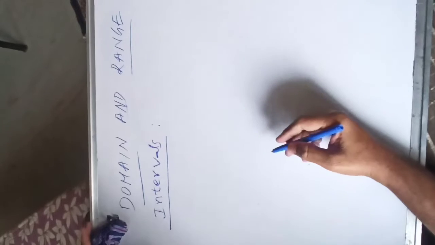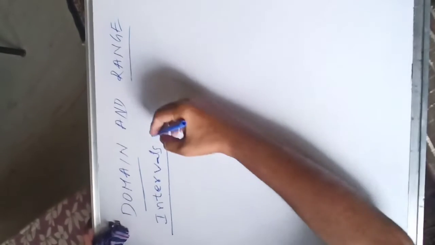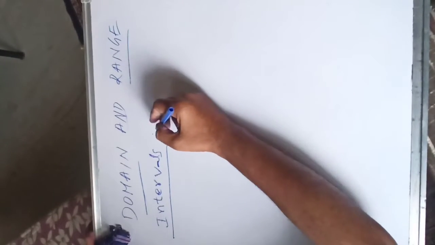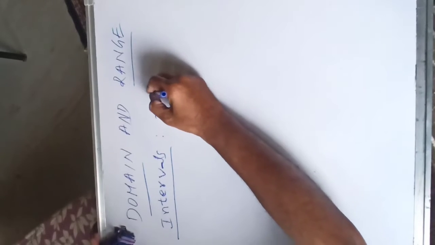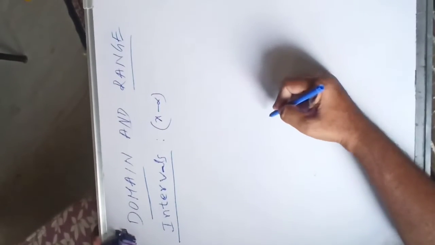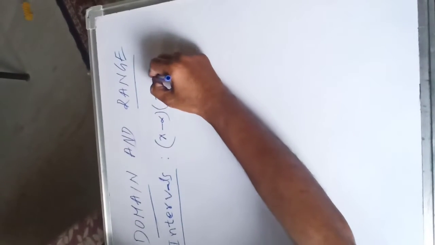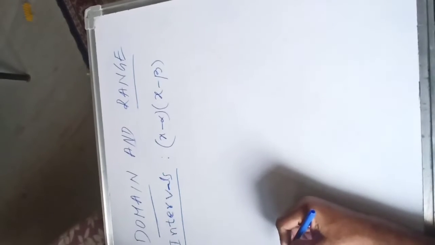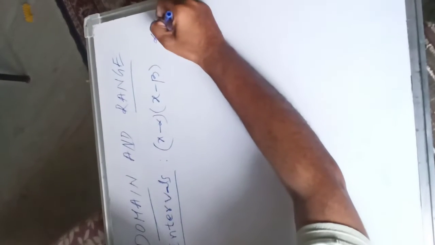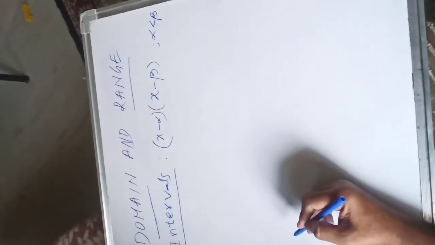Quadratic intervals we'll discuss. Quadratic intervals mean x minus alpha into x minus beta, where alpha less than beta is the condition.